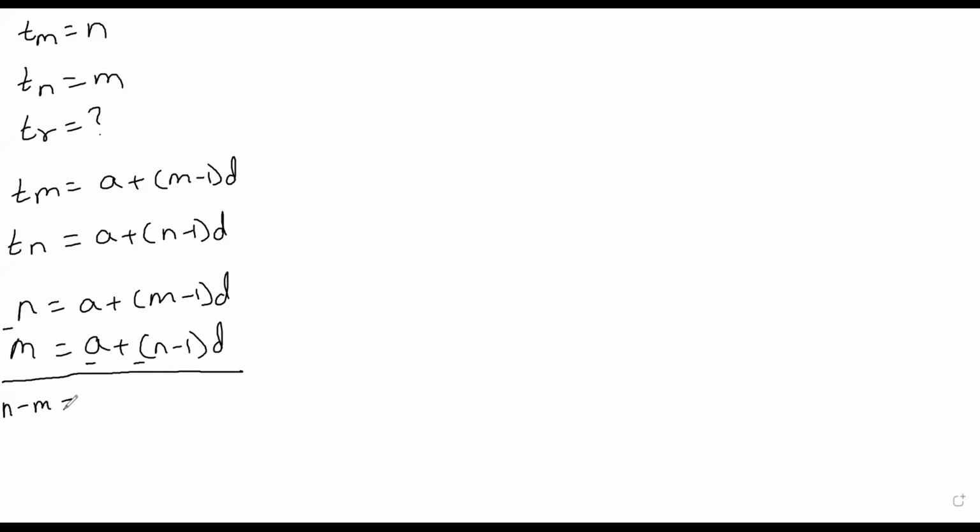n minus m is equal to this, and A will get cancelled. You will get (m minus 1) minus (n minus 1) into bracket d.